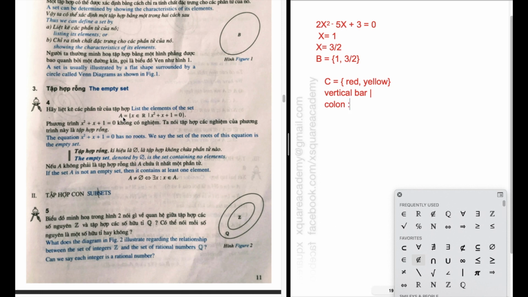Set A, you see, uses the second way, showing the characteristic of its elements: x is an element of the real numbers such that x² + x + 1 = 0. This equation has no roots.